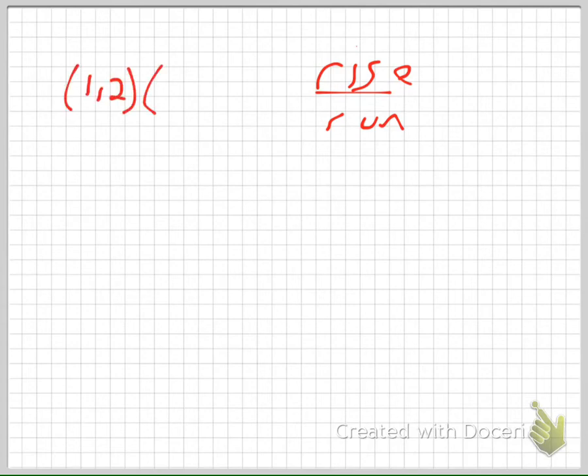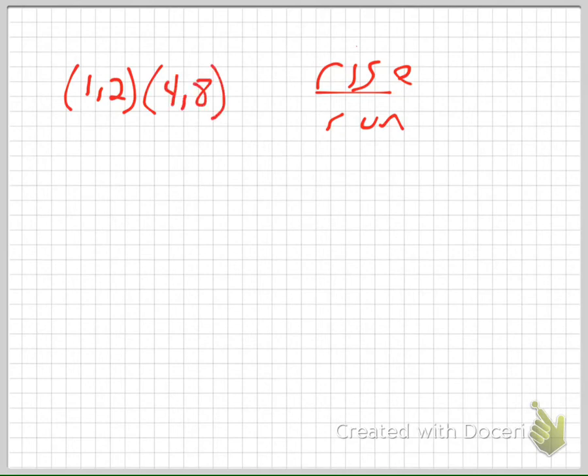Another way of doing slope. Yes, it is rise over run. That is not going to change. Another way of doing it is if I give you two sets of coordinates, (1, 2) and (4, 8).